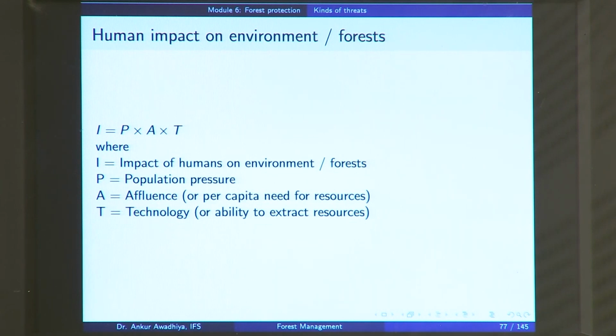Now, with the advent of modern civilization, we are having a situation where we require more and more resources per capita. If you look at the definition of GDP, one commonly used measure of GDP is the amount of electricity per capita that is being used in a country.